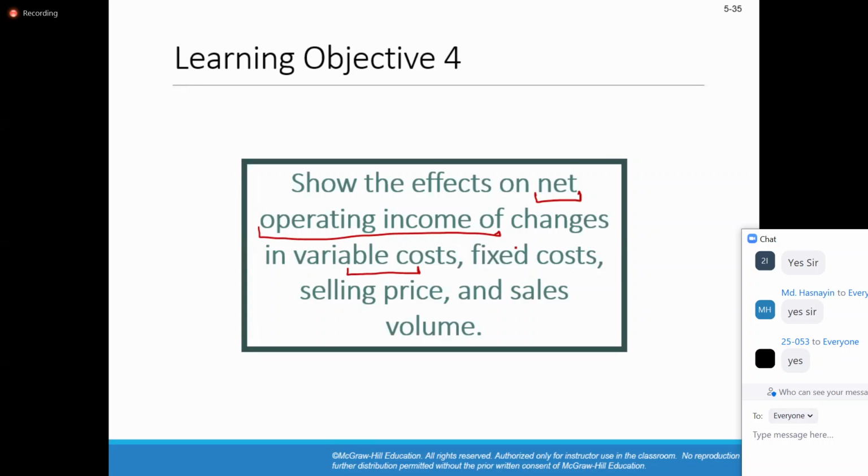Okay. Now, if you consider the changes in total scenario, say you want to see what will be the changes in net operating income for changes in variable cost, changes in fixed cost, changes in selling price, and there has been no change in sales volume.